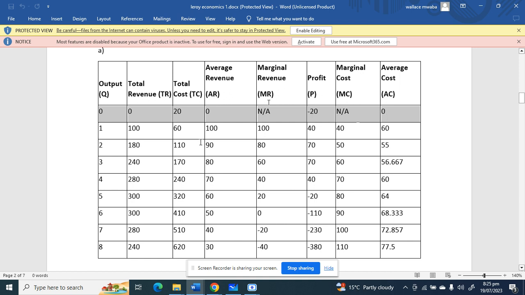All right. When we come down to 1 unit, the average revenue, say it's total revenue divided by quantity. So 100 divided by 100. Marginal revenue, we said change in total revenue divided by change in the quantity. So when we say change in total revenue, we're going to say this 100 is our TR2, this 0 is our TR1.